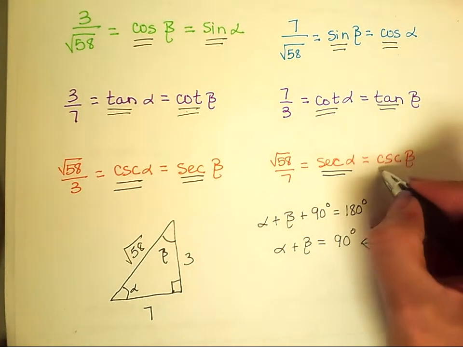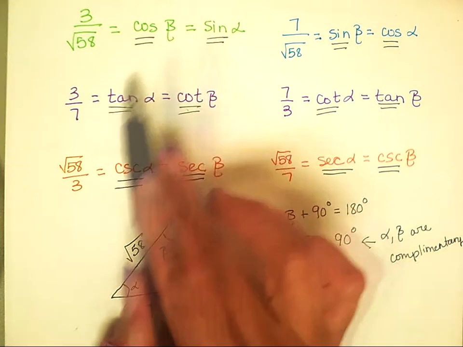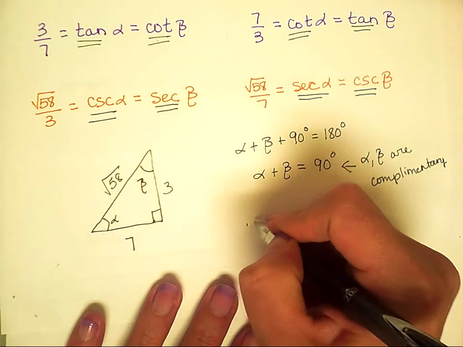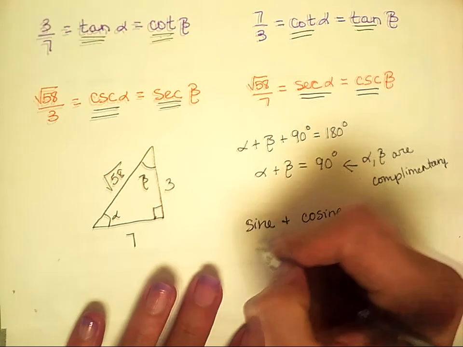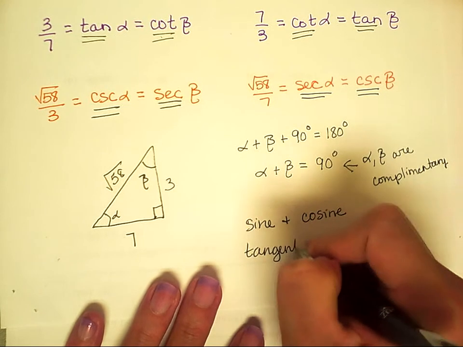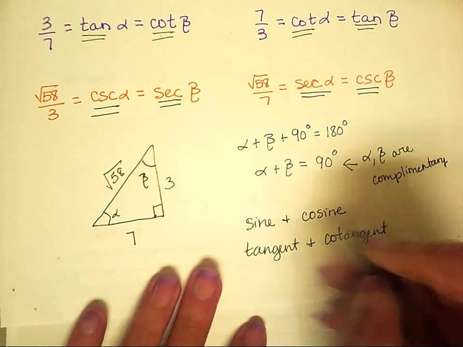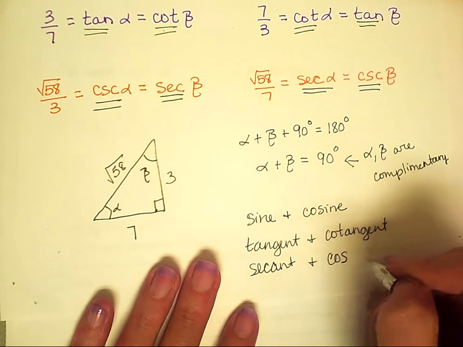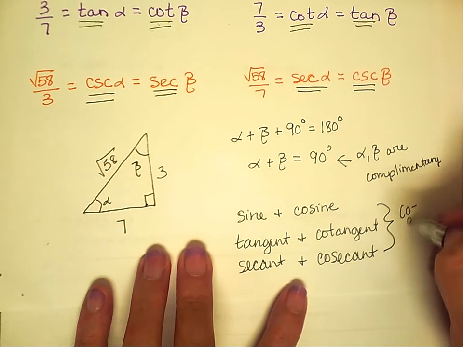Same here, secant and cosecant. Okay. So these pairs, as we have matched them, are known as cofunctions. Right? So sine and cosine, tangent and cotangent, and secant and cosecant. These are cofunctions.